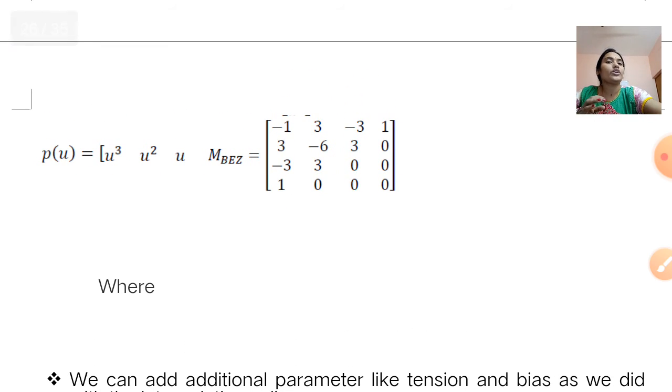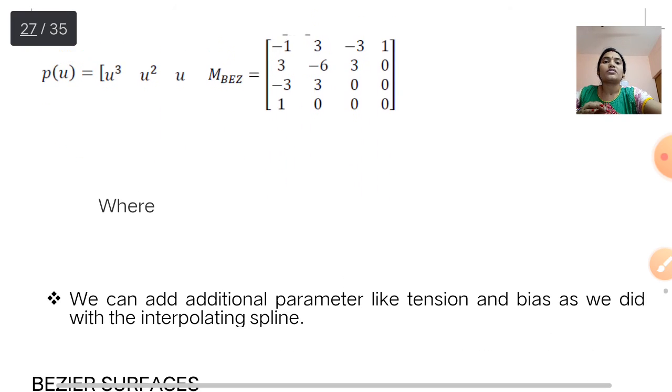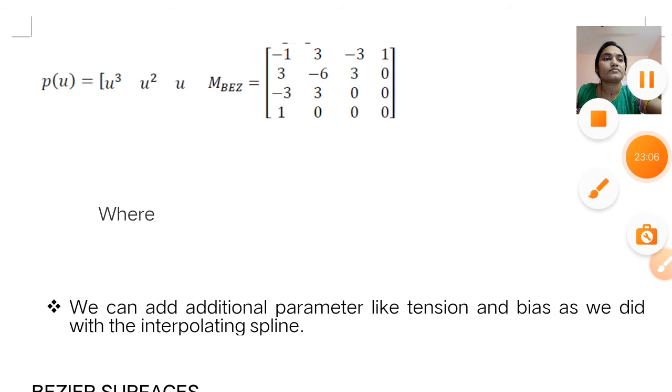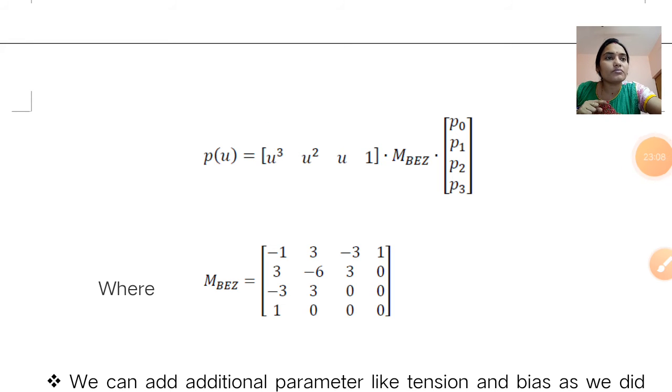P of u equals to [u cube, u square, u, 1] into M base, where M base equals to minus 1, 3, minus 3, 1; 3, minus 6, 3, 0; minus 3, 3, 0, 0; 1, 0, 0, 0. Sorry, there is some wrong typing here.